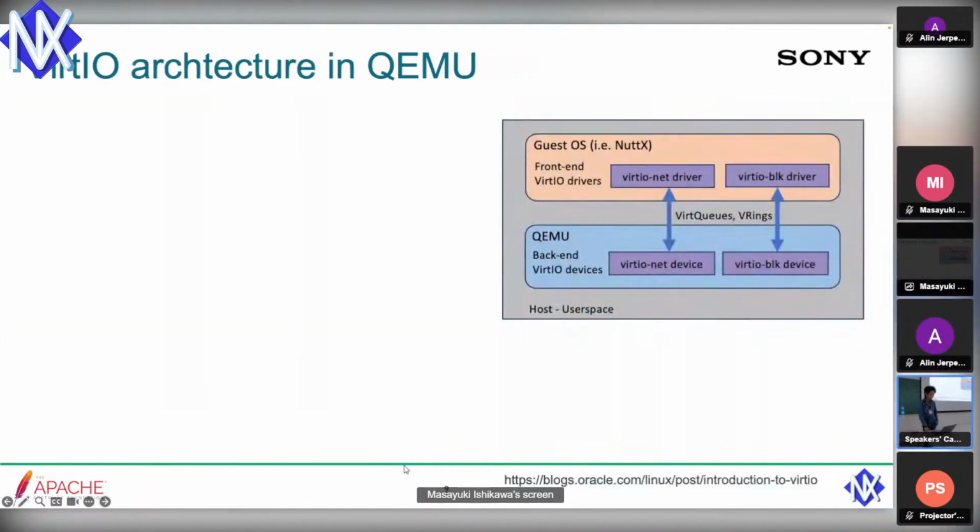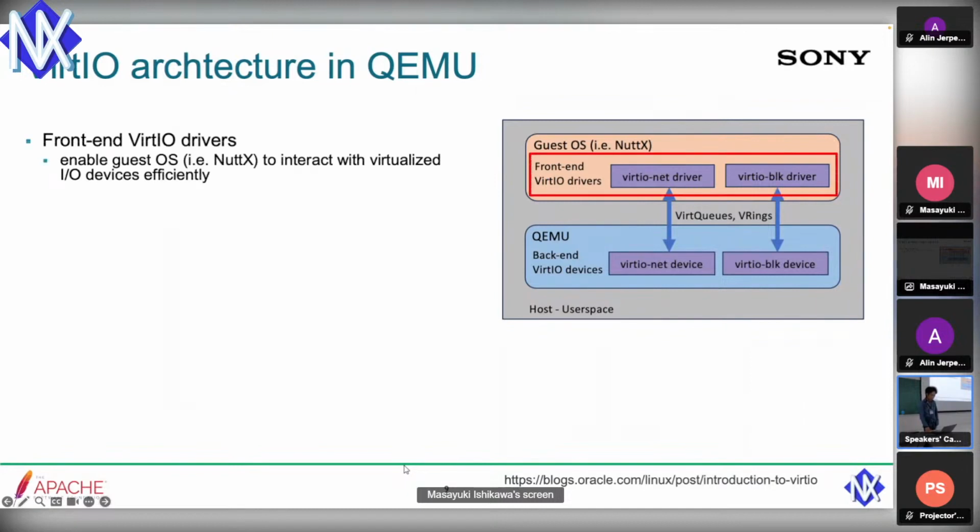From this slide, I explain the VirtIO architecture in QEMU. As you can see in this figure, QEMU runs in the host user space. In the guest OS, in this case NuttX, there are front-end VirtIO drivers.